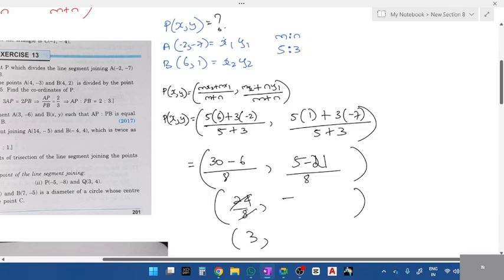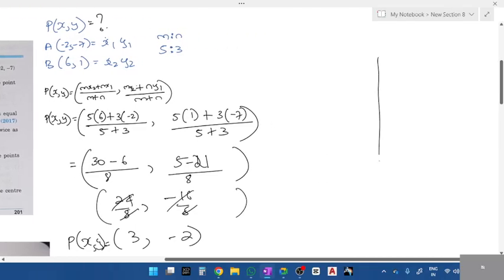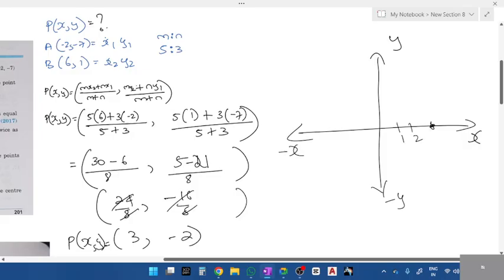Okay, minus 2. 16 divided by 8 is minus 2. So where does this point lie on the graph? X axis, left side is minus x. Y axis, top is plus, bottom is minus y. So x axis is positive 3, 1, 2, 3. And y axis is minus 1, minus 2. The point is somewhere here. This is where point P lies.